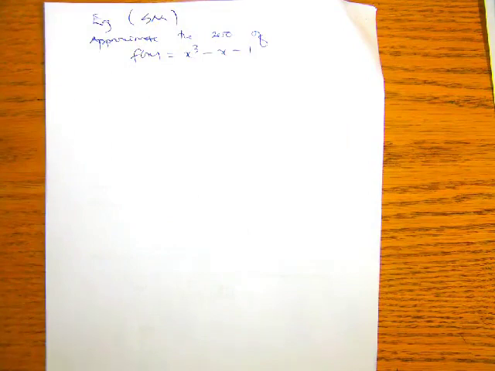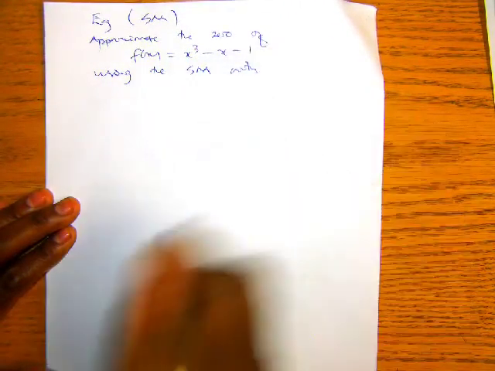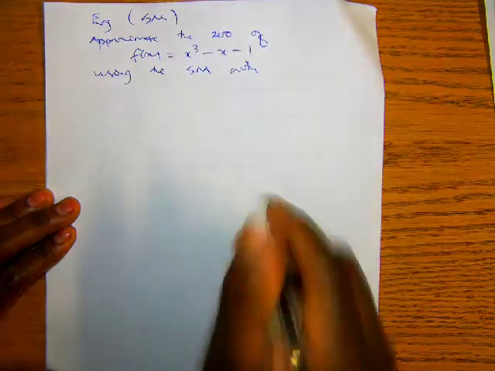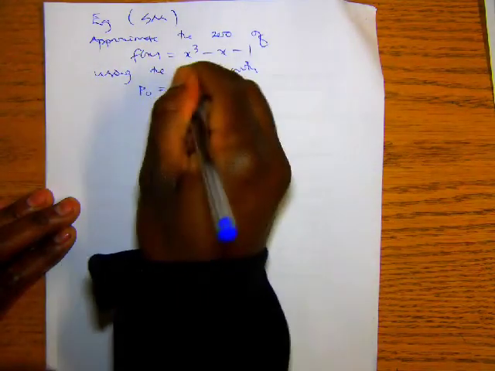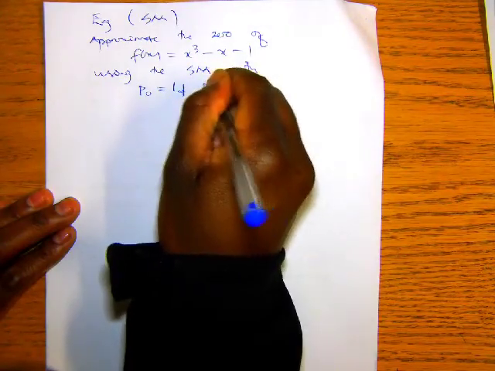x cubed minus x minus 1, so it's a cubic polynomial, using the secant method with the following initial approximations. P0 is 1 and P1 is 2.